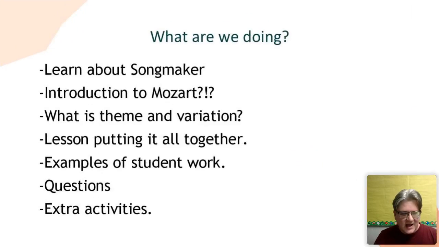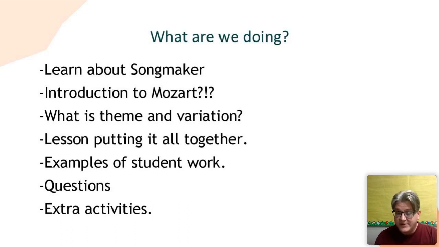All right. So what are we doing today? We're going to be learning about the Song Maker program. We're also going to talk about Mozart a little bit. I'm sure you're wondering, wait, how do those go together? Well, hang with me, and I promise you'll see how they go together.